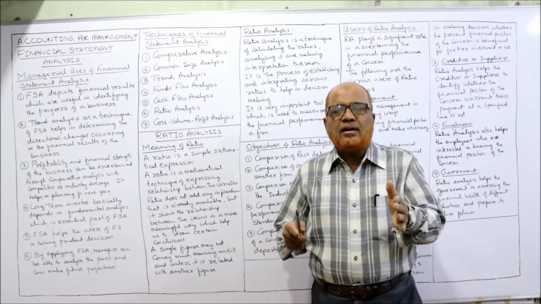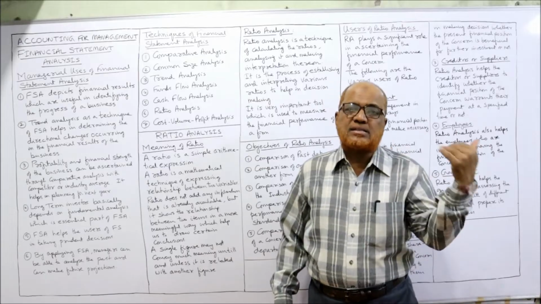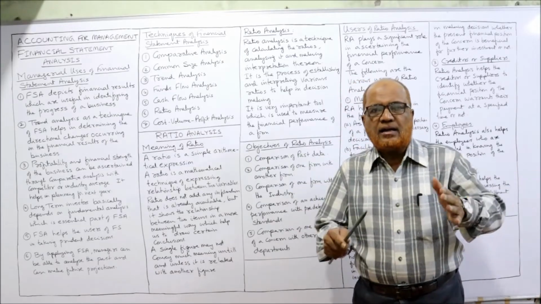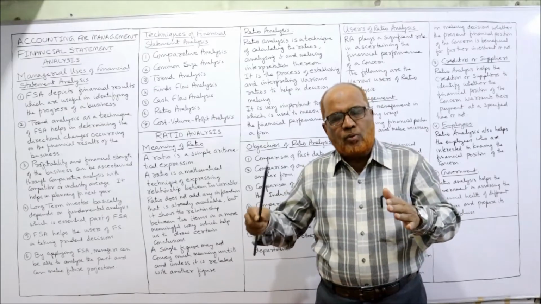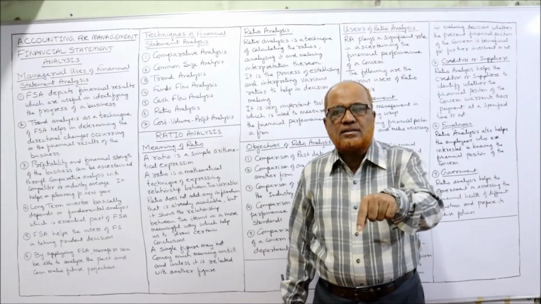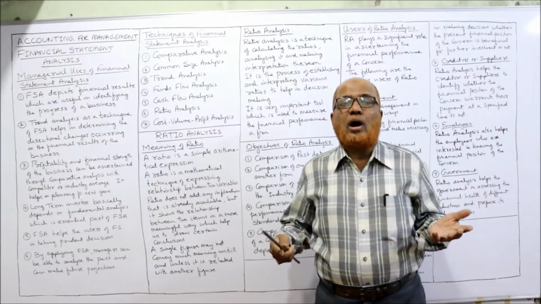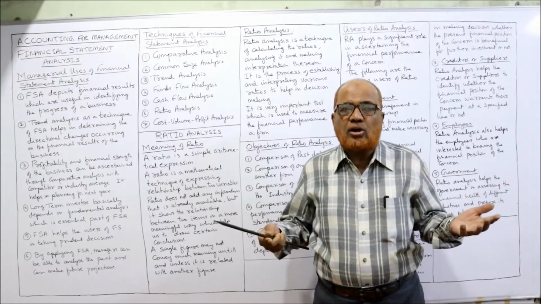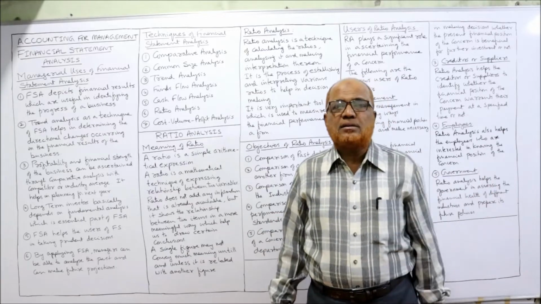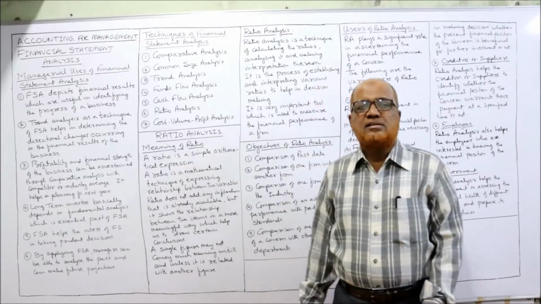For example, we compare the current year's performance with the last year. Whether the current year's performance has improved or deteriorated compared to the last year. So without comparison, we cannot know how we are growing, whether our business is growing or declining. We cannot know unless we compare it. So comparative analysis is one of the techniques of financial statement analysis.